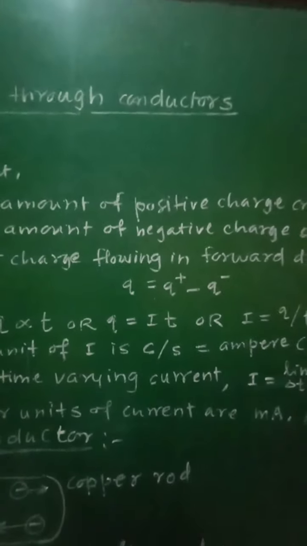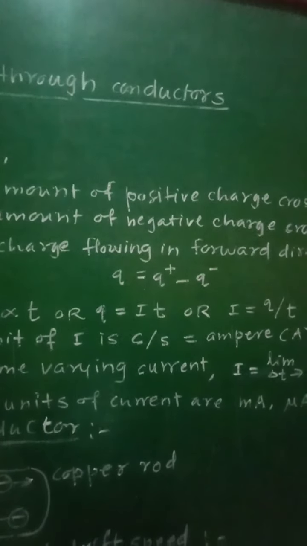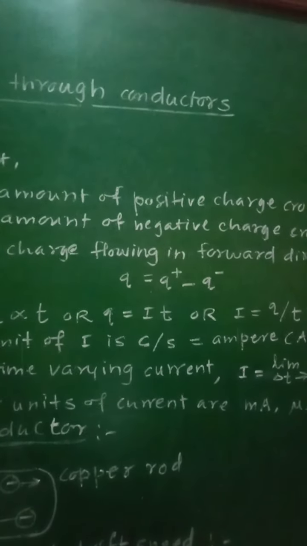So the difference between the amount of positive charge and negative charge crossing that plane P will give us the net charge flowing.